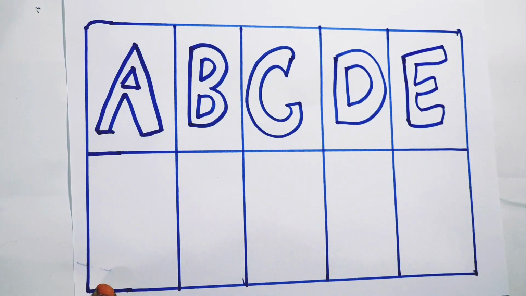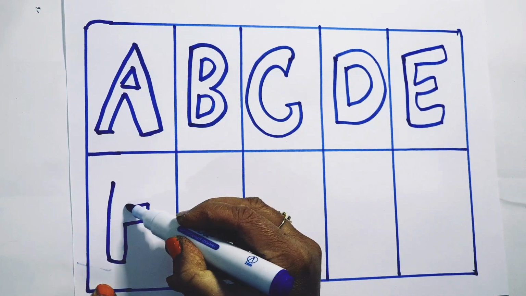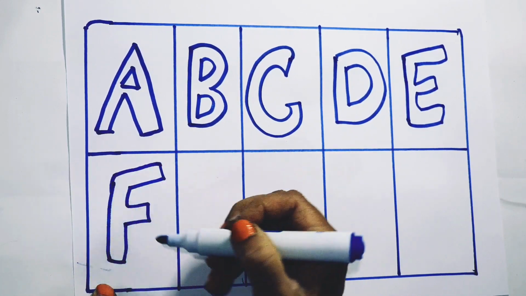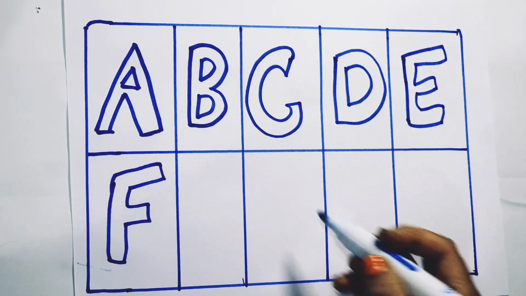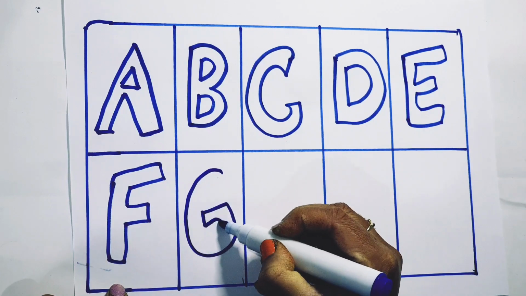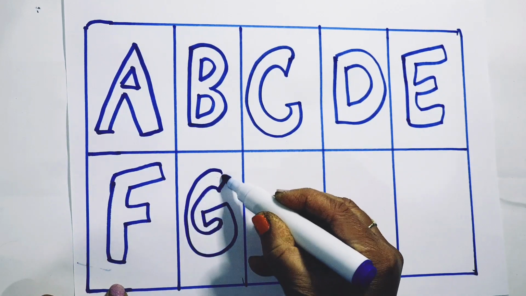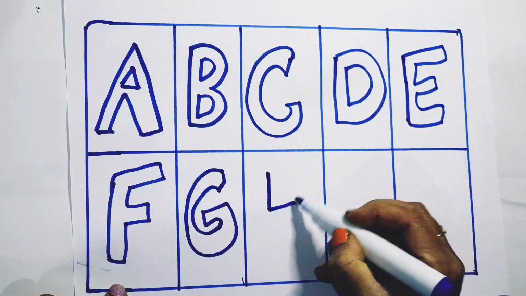E. E for eggplant. F. F for fish. G. G for goat.